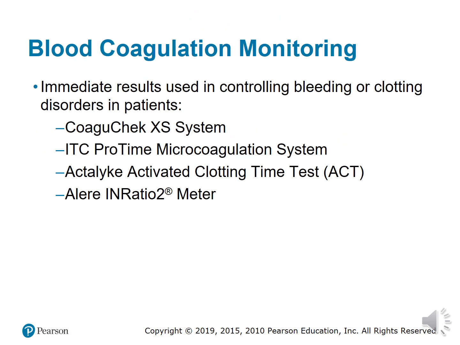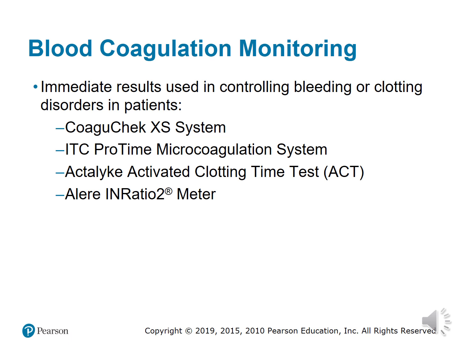Blood coagulation monitoring. As you know, this is to check to see how thick or thin your blood is, how fast your blood can coagulate, can form a clot. Immediate results are used in controlling bleeding or clotting disorders in patients, especially those who are hemophiliacs or those who are on blood thinners, because too much of a good thing, especially on the blood thinner side, is a bad thing, meaning if they just bump themselves, they bruise.